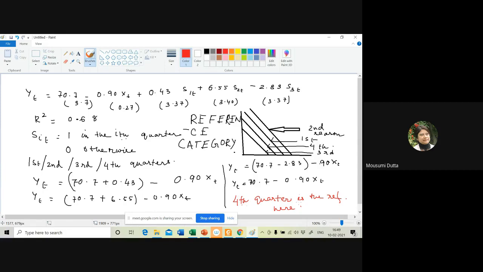Now in Stata, when you go to the practical class, you will find that if you do not tell anything to the software, it is always considering the category having the lower denomination as the reference category. For example, if I consider one dummy here, married, unmarried, where say unmarried is equal to 0, in that case, unmarried will be considered as the reference category.